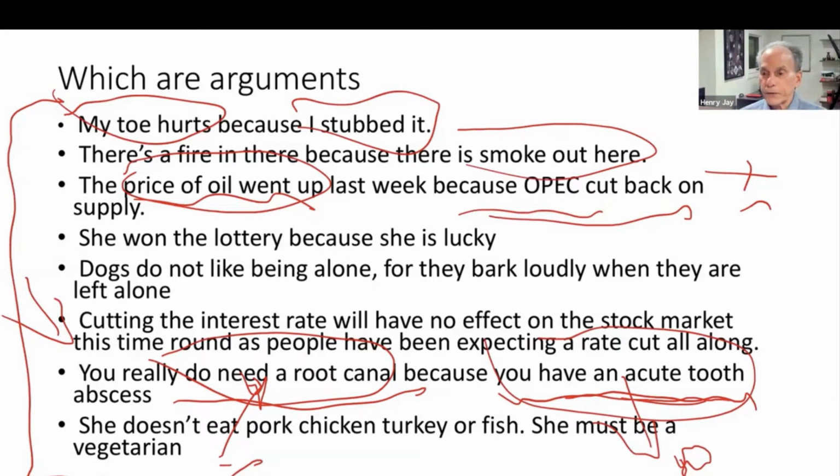You don't have to be a dentist, but you could use your own common sense that if someone has a tooth abscess, then the solution is most likely a root canal. So you could determine the reliability of this premise based on the source or based on what makes common sense.